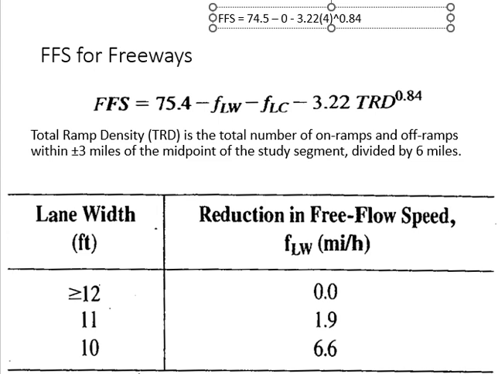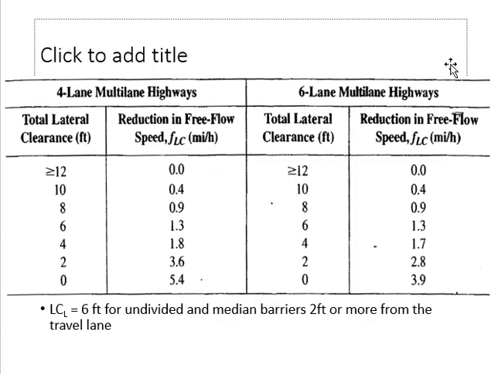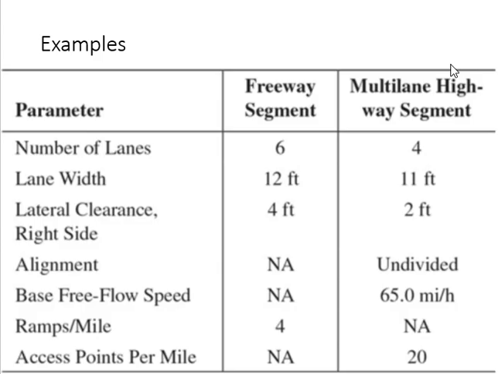The next factor is for lateral clearance. Okay. The lateral clearance, I need it for the right hand side only because it's a freeway, not the total. So for right hand side, the lateral clearance is how much? 4 feet, right? The third value.